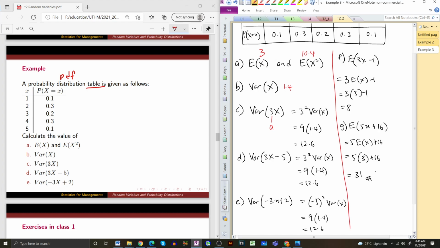Right. So hope you understand regarding the expected value and variance whenever some changes happen to the data linearly.